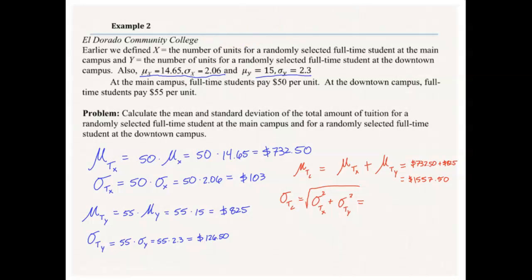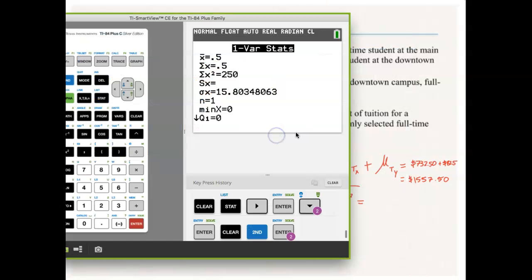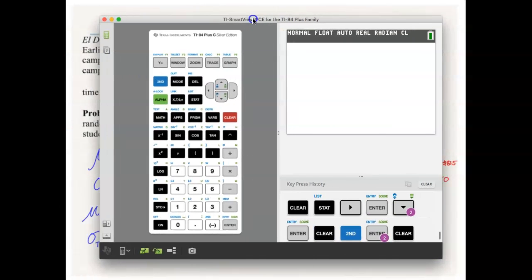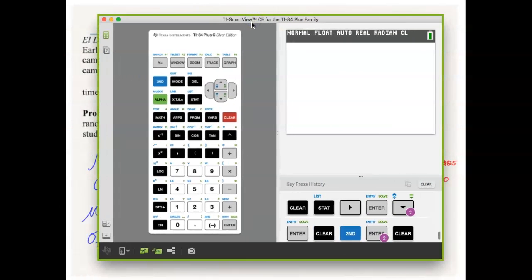All right, so I'll share my calculator just to show you. You can do this all in one step in your calculator. So the standard deviations are 103 and 126.50 respectively.